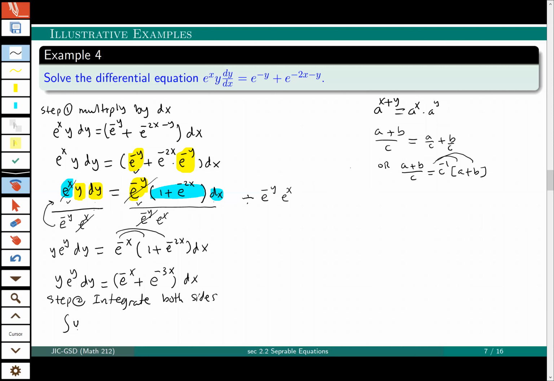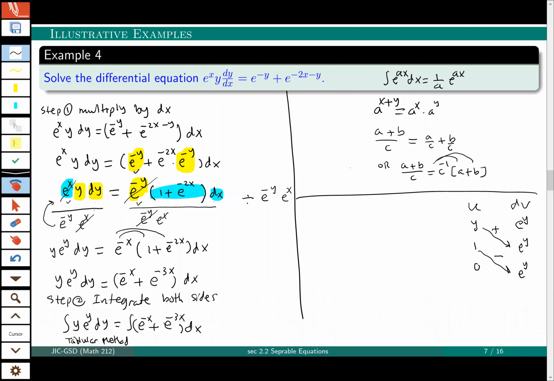And e to the power y, its integration is e to the power y, and again e to the power y. We skip the first one, it is plus, then minus. So the integration of this part will be y e to the power y minus e to the power y.